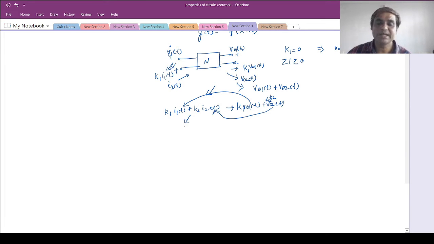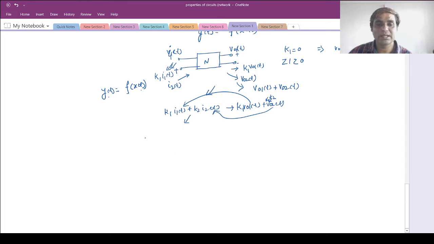Now let me write it mathematically in general. The operation or relation is specified by f, which we have already declared, that is y of t, the output, and this is the relation between output and input of the system.